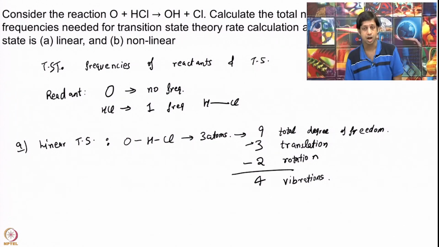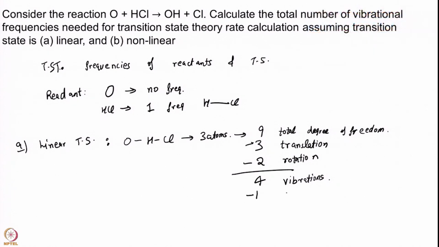Okay. Now, there is still a little bit of trick. At the transition state we need one frequency less compared to the total number of frequencies. Why? Because in transition state theory the frequency of the reaction coordinate is not considered.